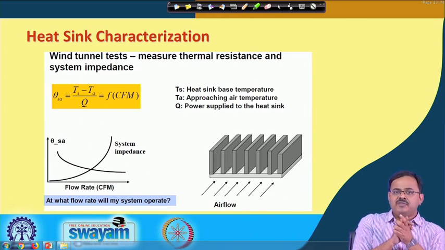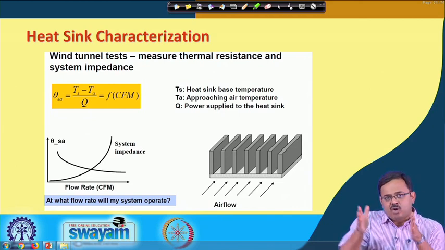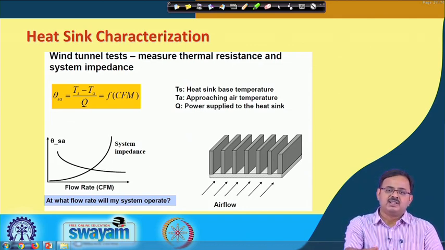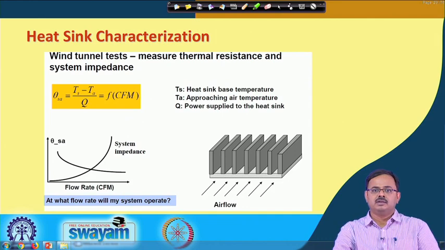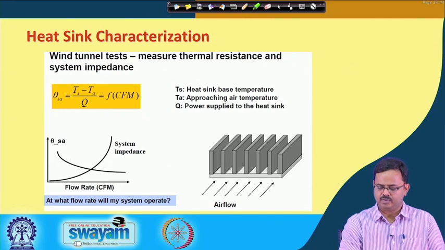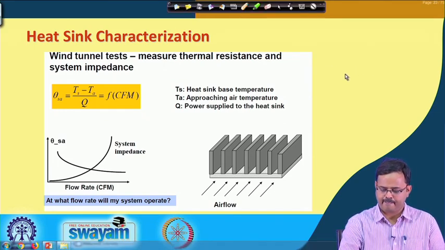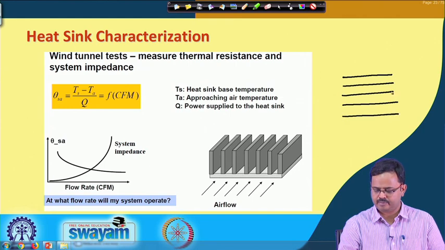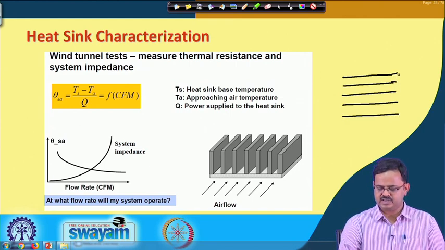So, therefore, the flow resistance is often measured in terms of the pressure drop across the length of flow, whether it is a channel, whether it is a pipe, or whether it is a channel between two adjacent fins as shown here. In other words, if I look at the top view, these are my adjacent fins and I am having an air flow at V dot.